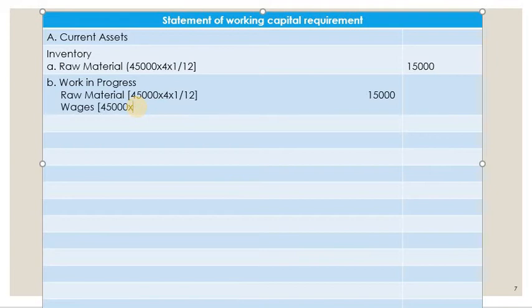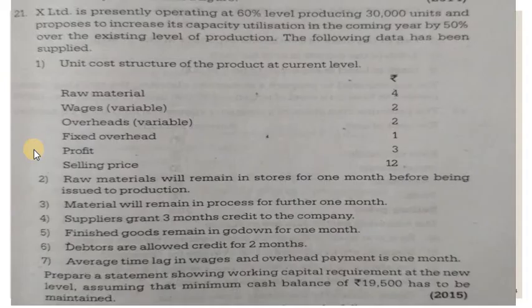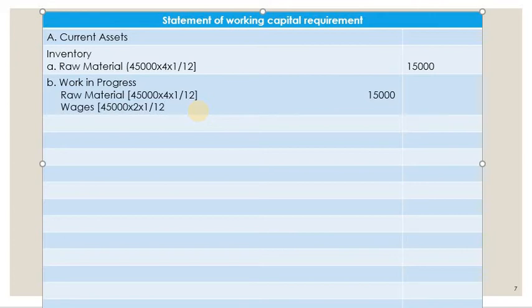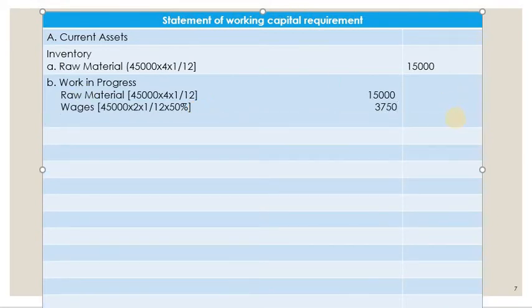So here also it is not given in the problem, so we will take 50%. So now what is the direct wages? You can see the cost sheet here once again. Direct wages is 2. So 2 into 1 divided by 12 is the process. 1,750.